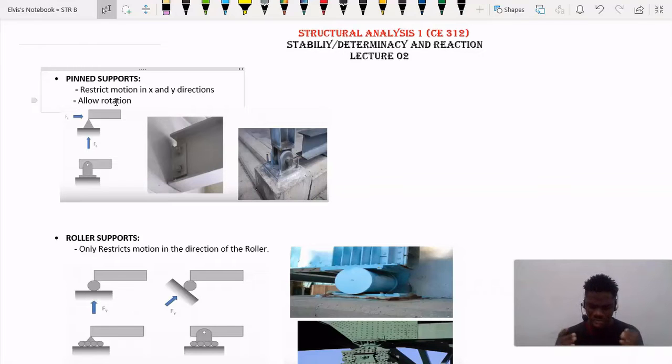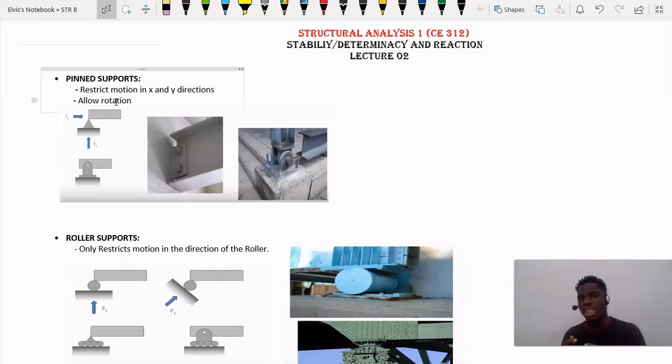No, guys. Actually, the structure is going to deflect a little. And guys, the deflection we are talking about here is like a quarter of an inch, not like 200 inches. The deflection we are talking about here is very little deflection.